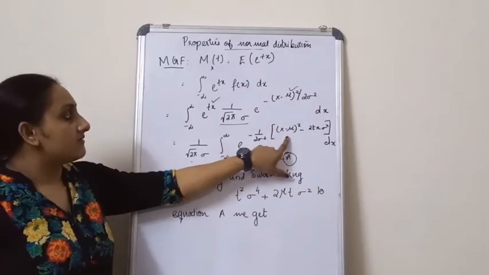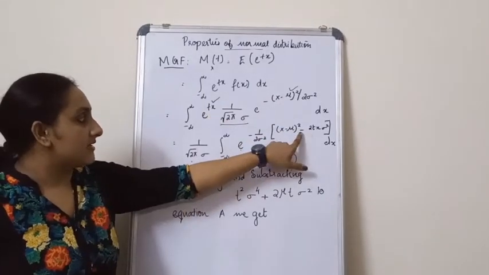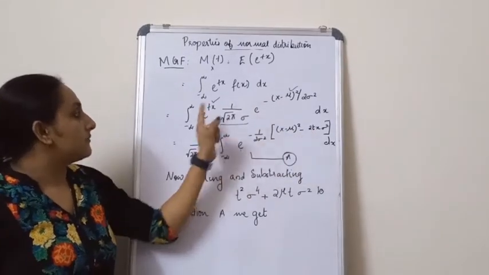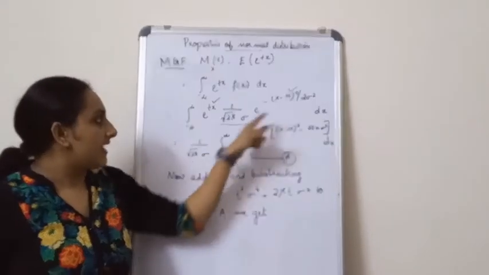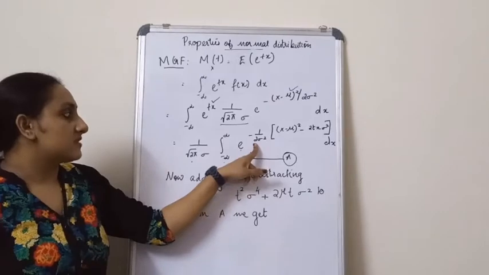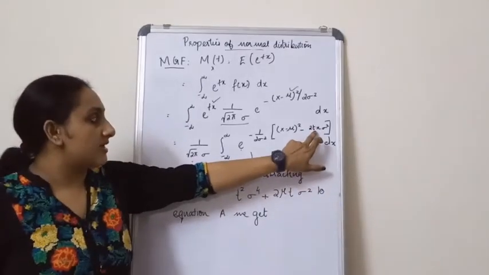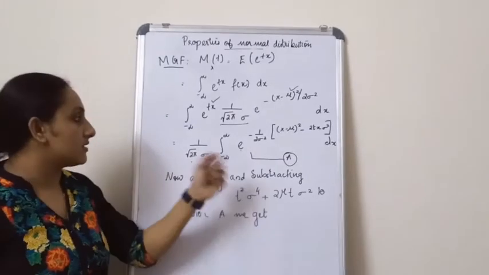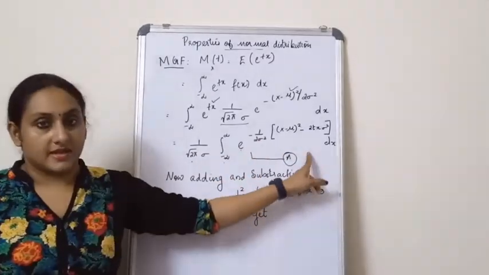So inside I will get (x minus mu) the whole square, and this one minus 2tx, and then since I took 2 sigma square outside, I am going to write this over here, 2tx sigma square. I hope you understood that, dx. Now mark this as equation A.